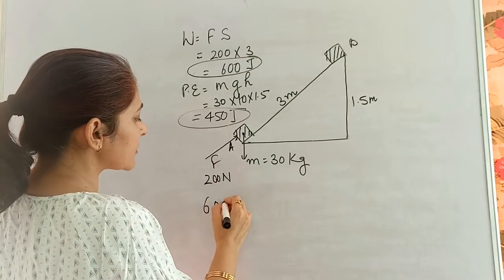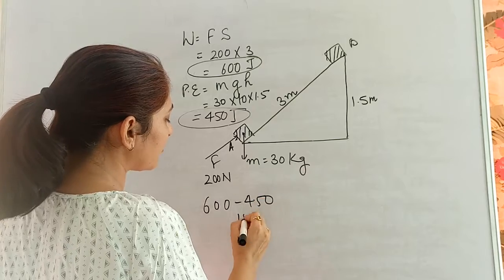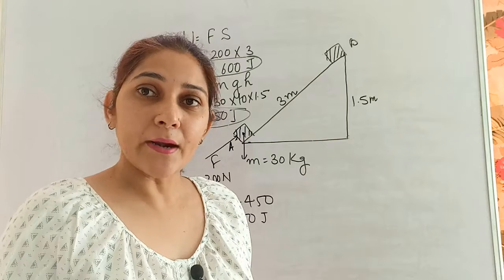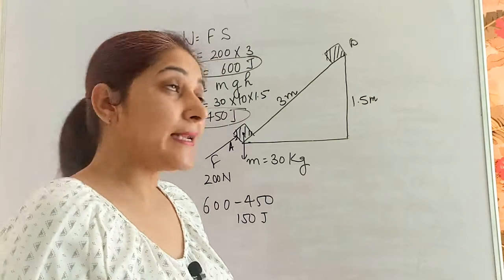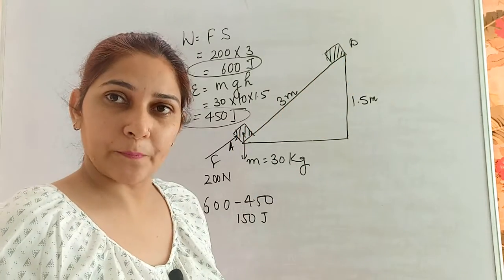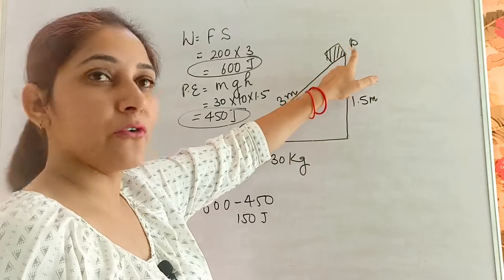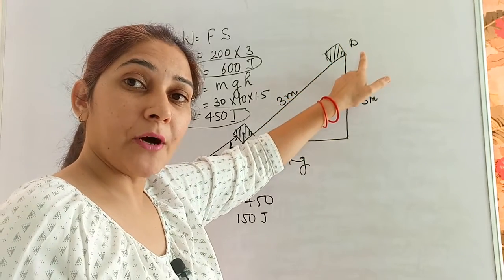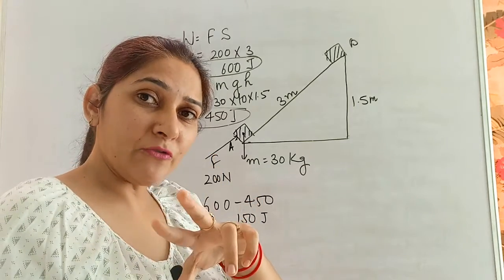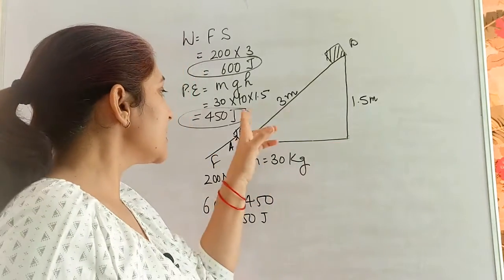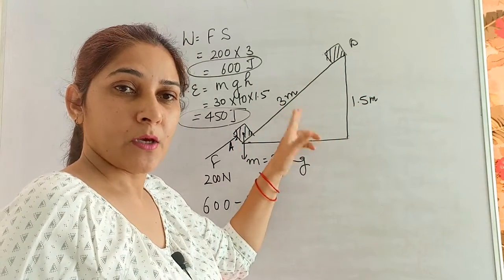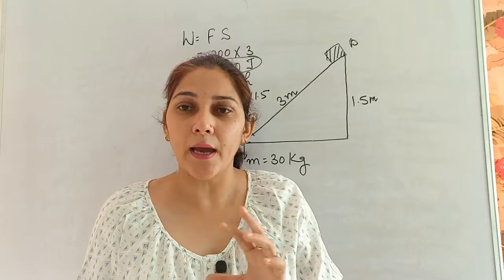If we subtract these two, we get 150 joules of energy wasted. 150 joules of energy is wasted in overcoming the friction when the box is moved from A to B. The energy stored by the box is 450. Energy is 450, how much was the work done? 600 joules. So where did the remaining 150 go? That 150 is wasted when the box is moving from A to B to overcome the friction offered by this slope. So this is the reason for this difference in 1 and 2.